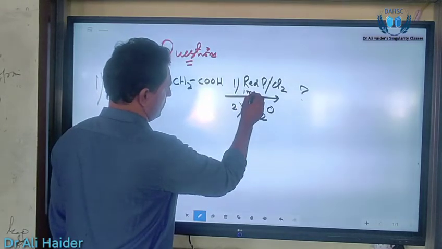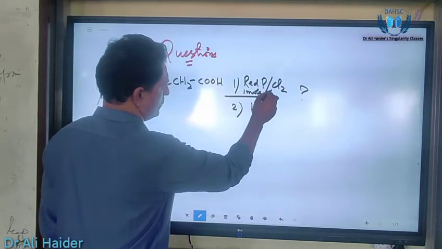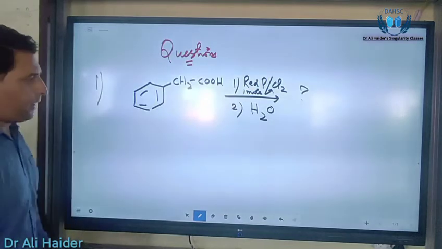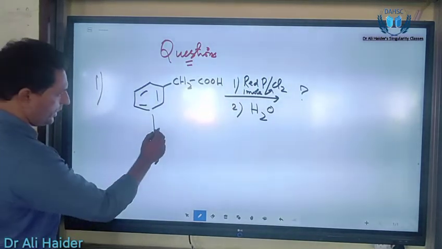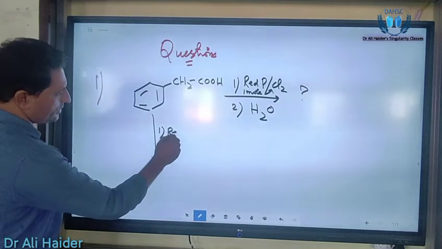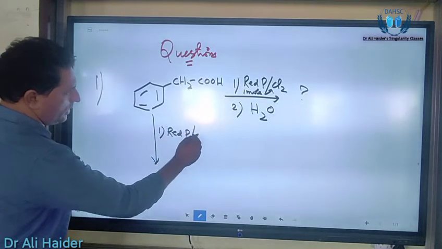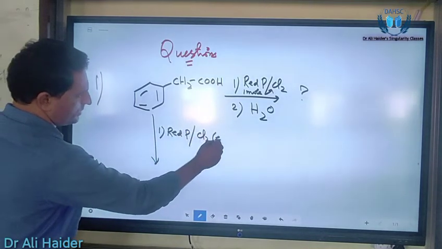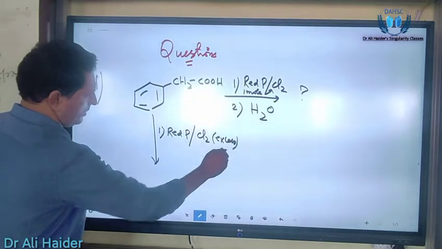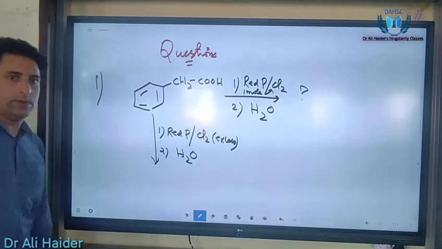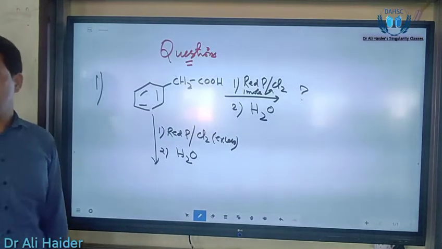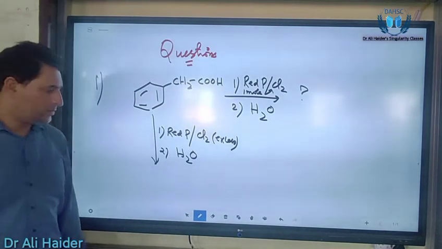Here is 1 mole of Cl2, right? Now the same molecule, if you carry out the HVZ reaction, red phosphorus in presence of excess Cl2, in the second step hydrolysis, what will be the product? Can you make the product now? Yes, sir.